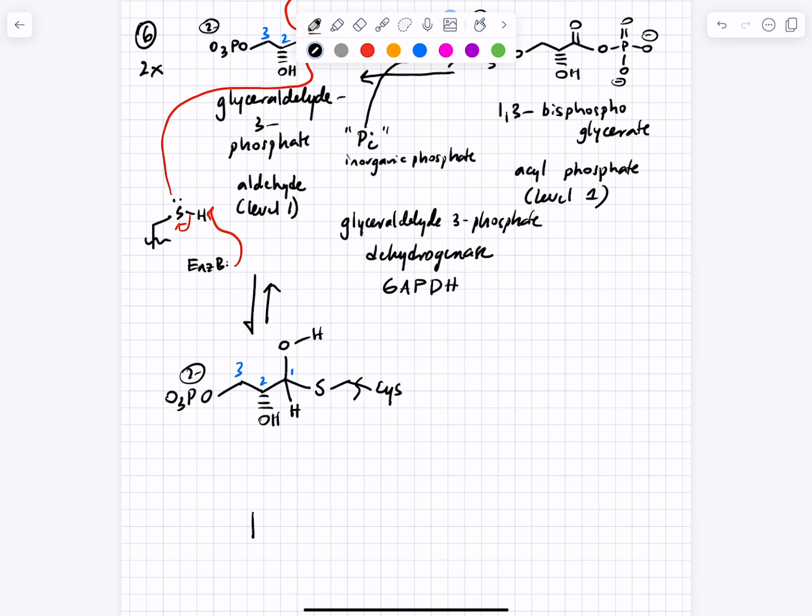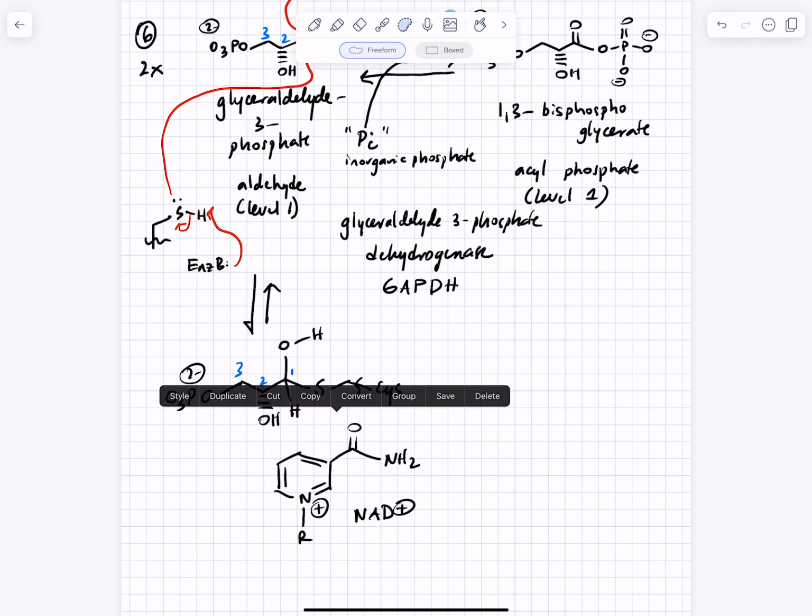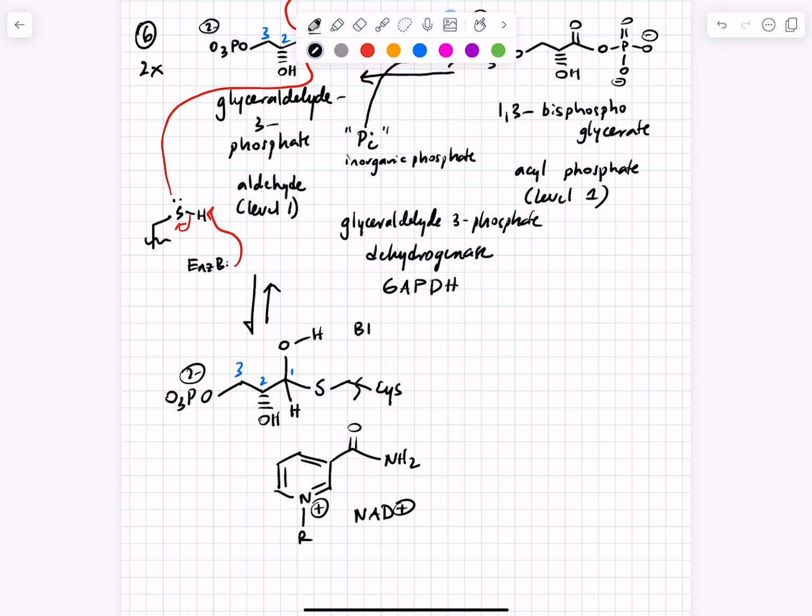So we're going to position NAD plus, and you've seen this type of oxidation before, so it shouldn't be a surprise. We're going to position NAD plus very close to the substrate. The enzyme is going to remove the proton from the alcohol of this intermediate. Electrons will kick down and the hydride will get delivered to NAD plus in the usual way.